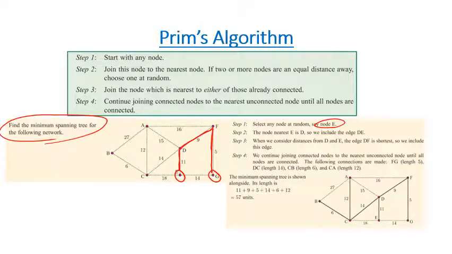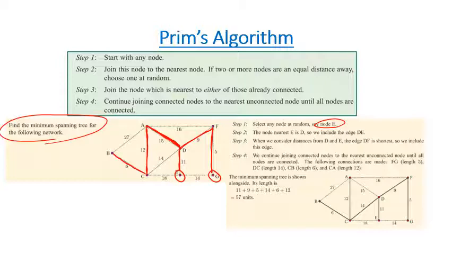But remember that if we were going to go from F to A, that's going to be 16. We don't want to do that because D to A is only 15. So we now go from D to A. We're then going to go from A to C, because that's only 12. E to C is 18, so that's too big. So A to C, which is 12, and then C to B, which is 6.